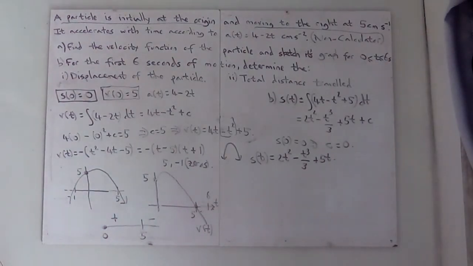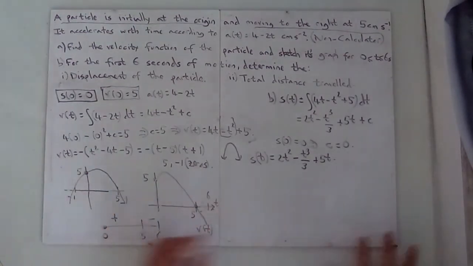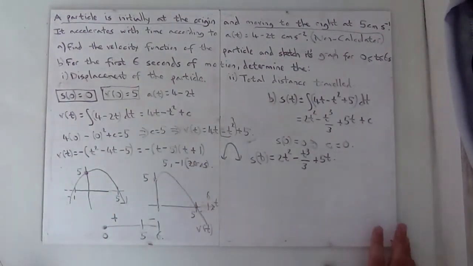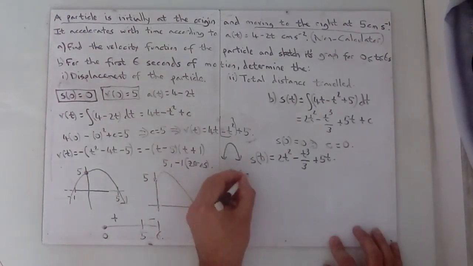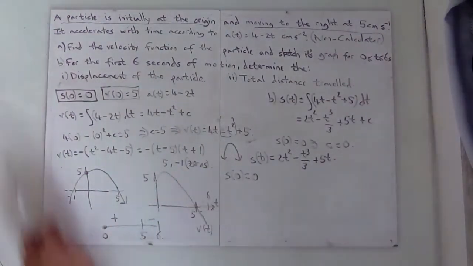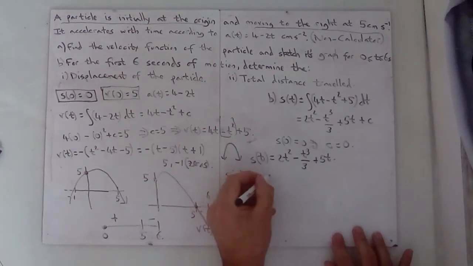So the key points we are interested in are S0, which we already know equals 0. I'm going to need S5, which is not going to be so easy, unfortunately.